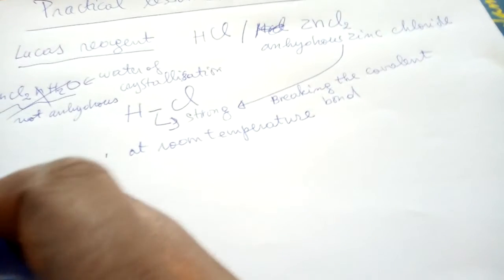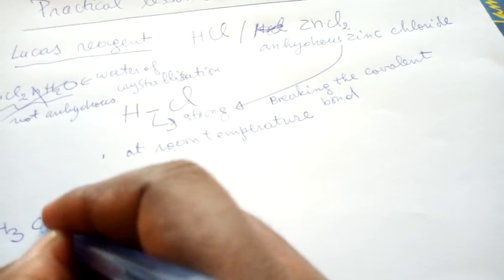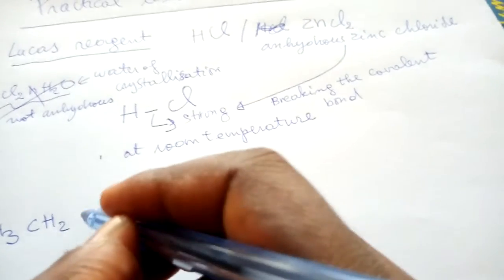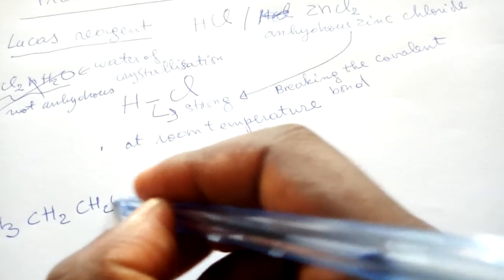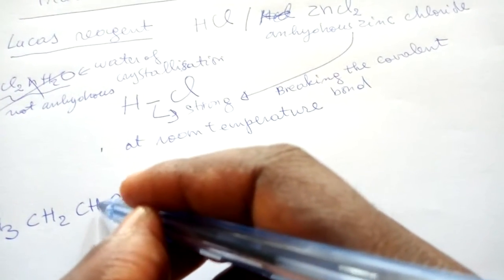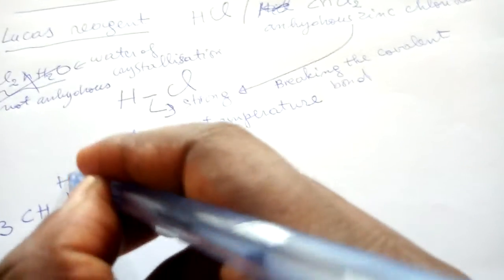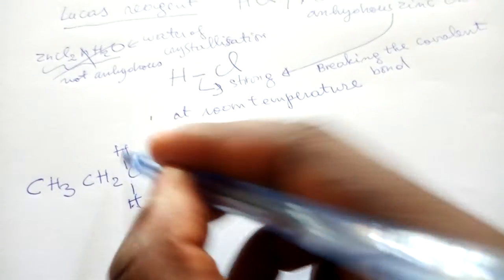Then, for example, if we have an alcohol which is primary, for example CH2OH, the bond between carbon and oxygen is strong because there is no steric hindrance.